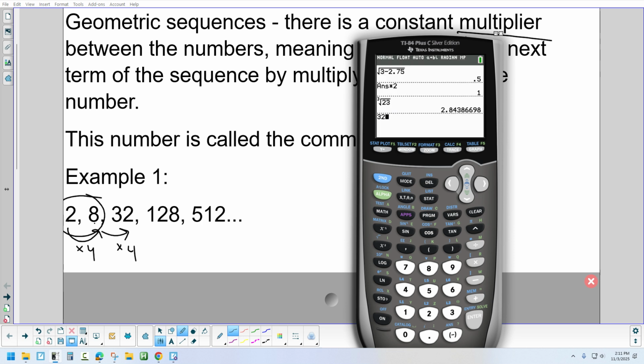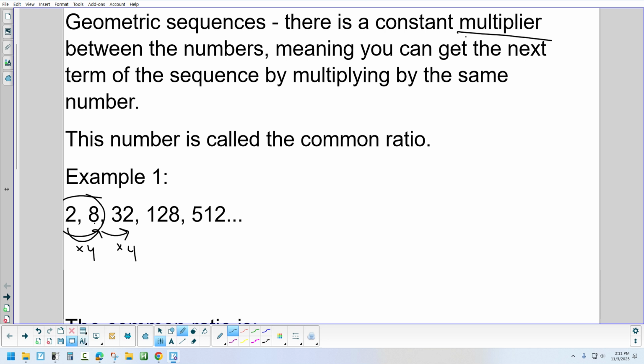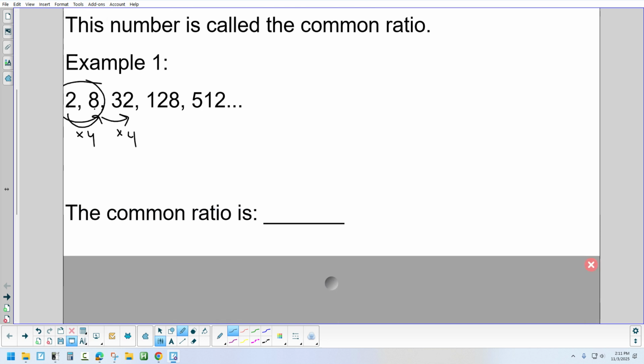But if we do 32 times 4, yep, we get 128. And if we do times 4 again, we get 512. So 4 is called the what here? Yes, exactly. So the common ratio is 4.